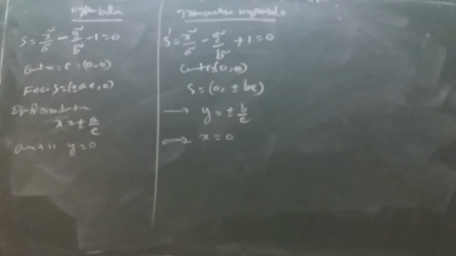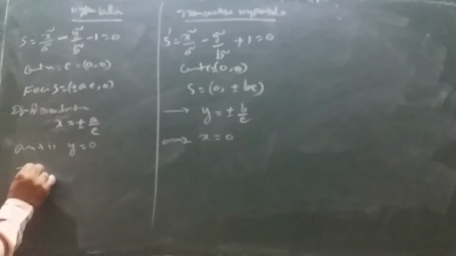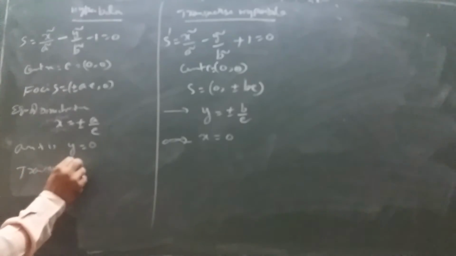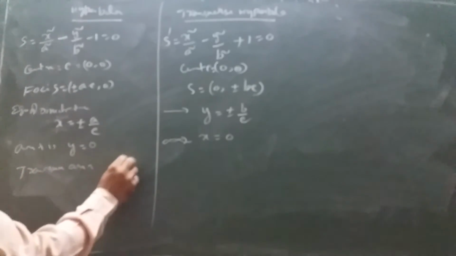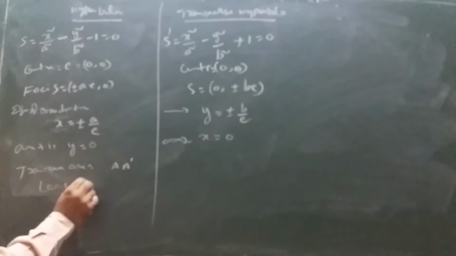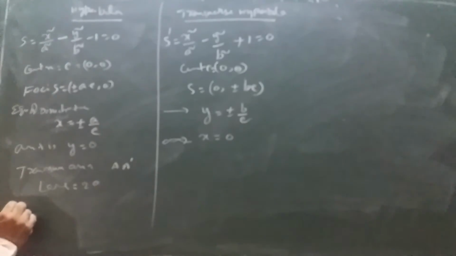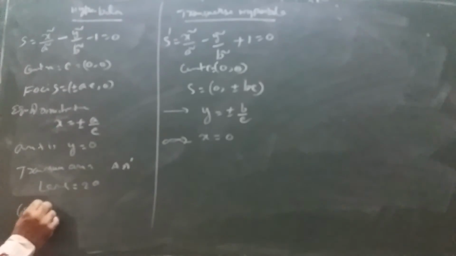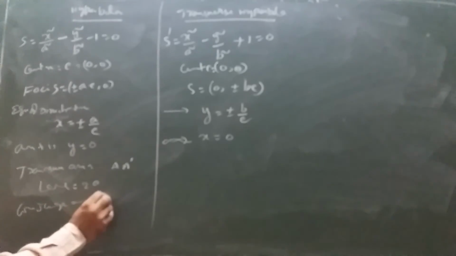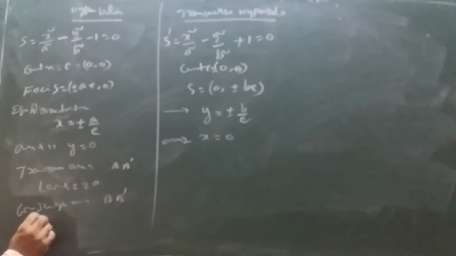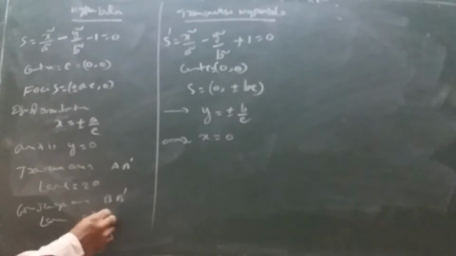Okay. Here we have to discuss one more thing. In the hyperbola, the transverse axis is AA dash, length 2a, and the conjugate axis is BB dash, length 2b.